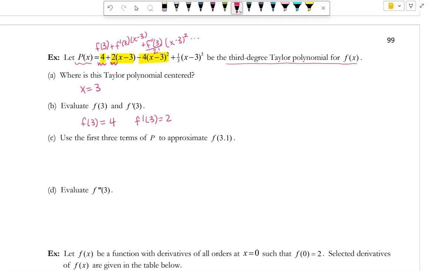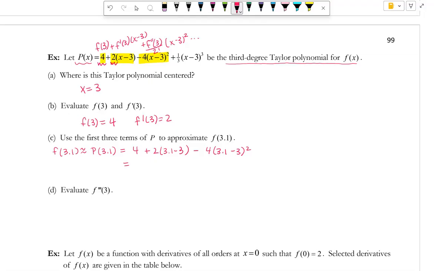So I know that my polynomial is an approximation for f of 3.1. So I'm going to replace x with 3.1, and I'll get 4 plus 2 times the quantity 3.1 minus 3 to the first power, and then minus 4 times the quantity 3.1 minus 3 squared.